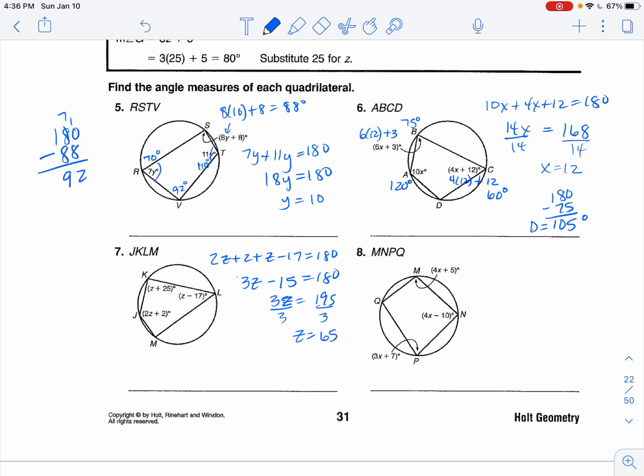If I plug that in for z, angle J, 2 times 65 plus 2, that's going to give me 132. So the measure of angle J is 132. If I find its supplement, the measure of angle L is going to give me 48.